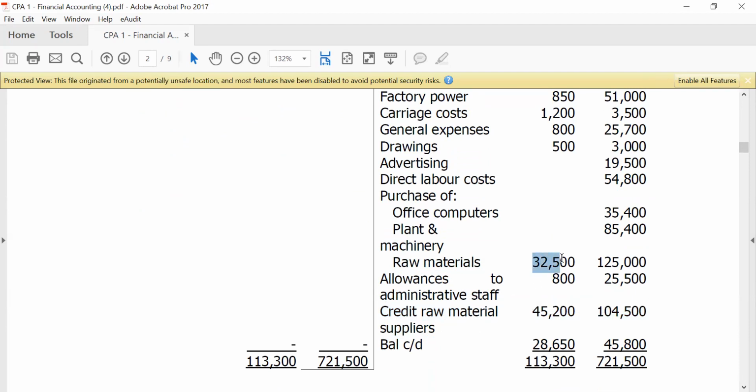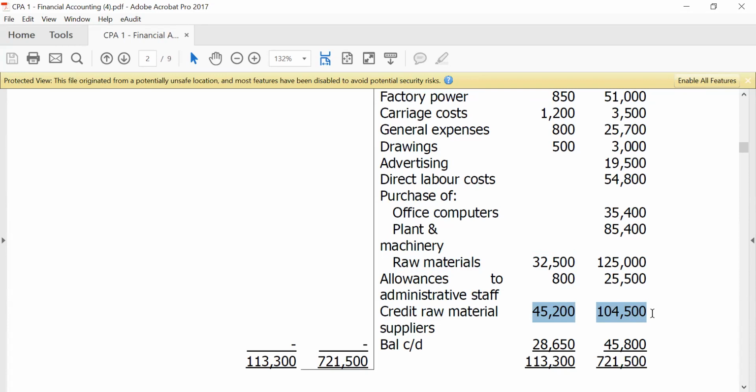This 32,500 and the 125,000 is different from this 45,200 and 104,000. How? This purchase of raw materials, you buy, you pay. It was buy and pay. These ones, it was after some time that we paid. The 45,200 and 104,000 are for those that we bought on credit that we are now paying. Those two payments are different, okay?